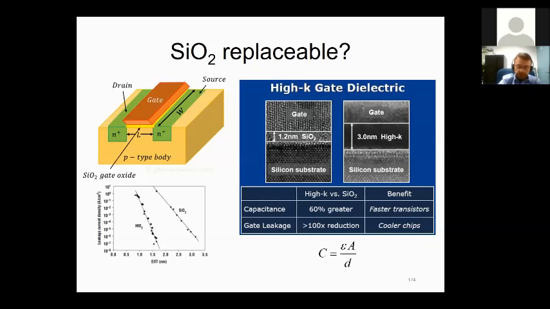Okay, now you have built your oxide, your MOSFET, and you're still trying to shrink down the sizes. While you're shrinking down the sizes, this oxide thickness also will be brought down to a thinner value, like 1.2. But as you're doing that, it's becoming too thin, and the electrons can really punch through that thickness. So you have to change that silicon dioxide. You're not satisfied with silicon dioxide anymore.